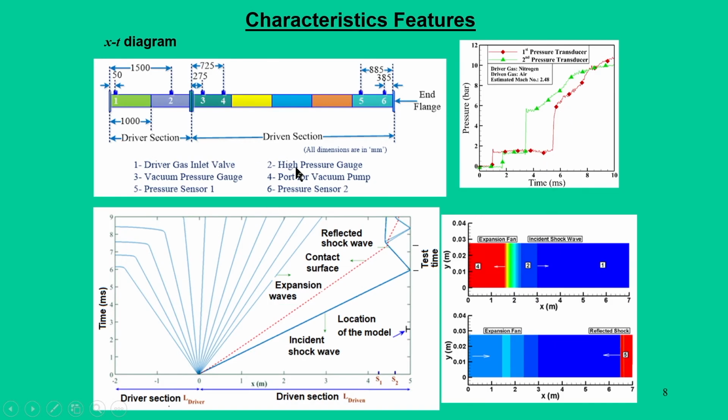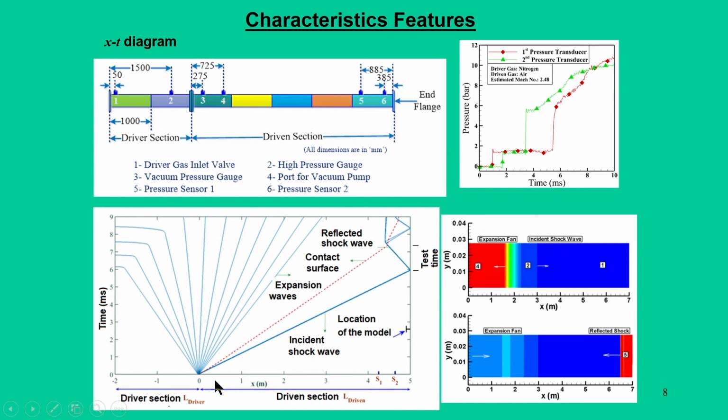This is also another picture, drawn using standard shock tube tools, for a real shock tube which has certain dimensions. There are about 7 tubes, and each tube has a dimension of 1000 millimeter, or 1 meter.